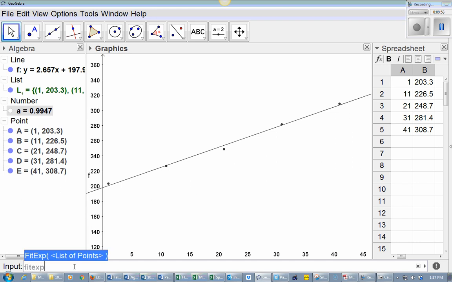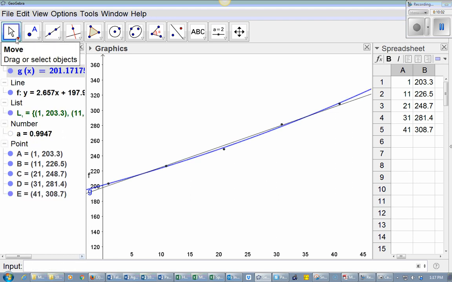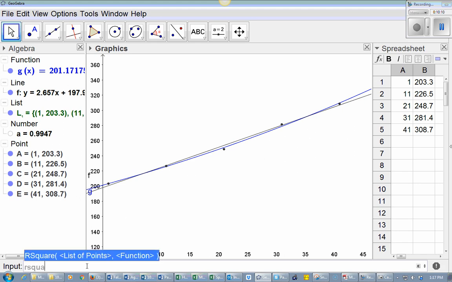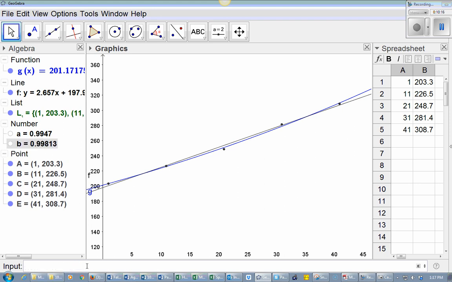So we want to do fit exp for list 1. That fit actually doesn't look all that different. It's the blue there, and I want to do an R squared for that. List 1 for function g, and that's 0.99813, so it is a little bit better.